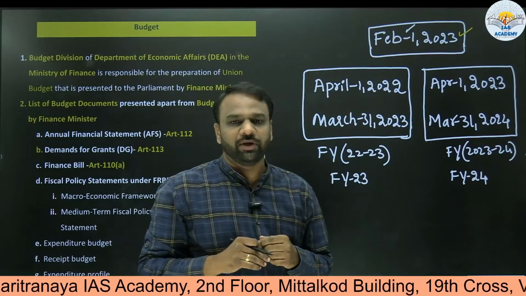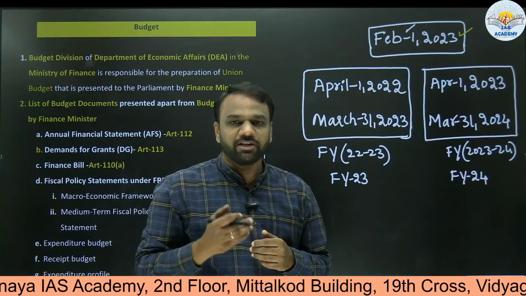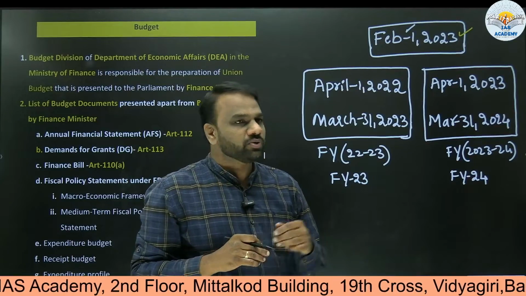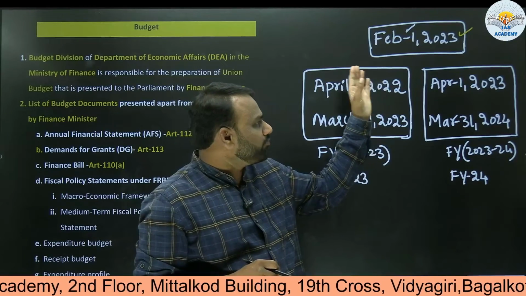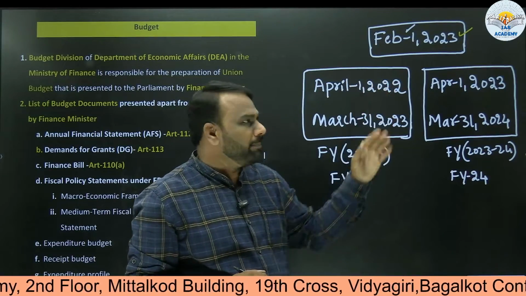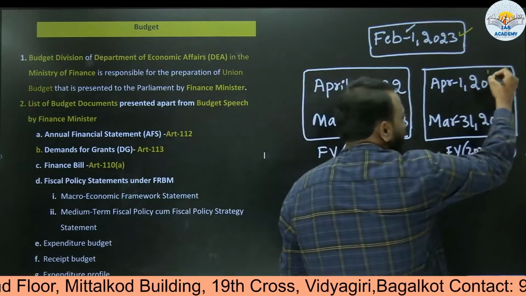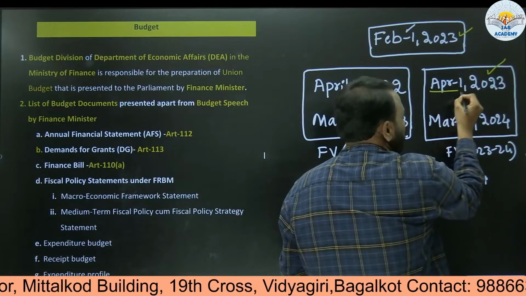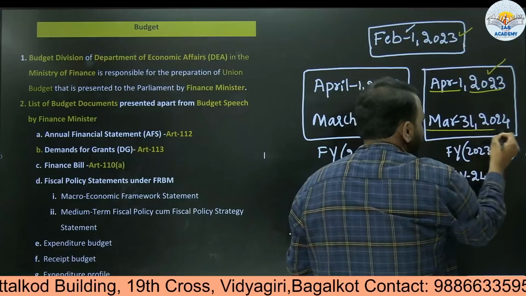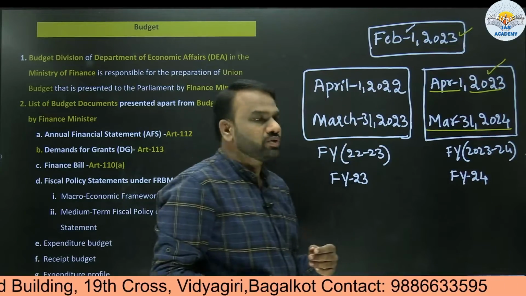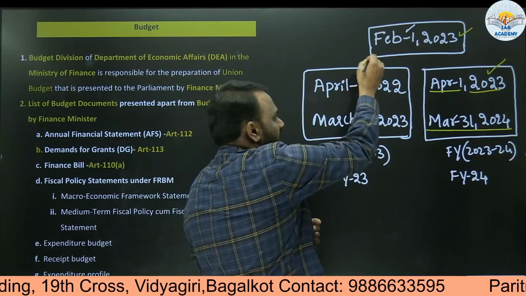This is the first thing that we need to understand, because initially aspirants are confused about this. When I am proposing the budget on February 1, 2023, I am proposing it for the period April 1, 2023 to March 31, 2024. I am not proposing the budget for the current financial year.